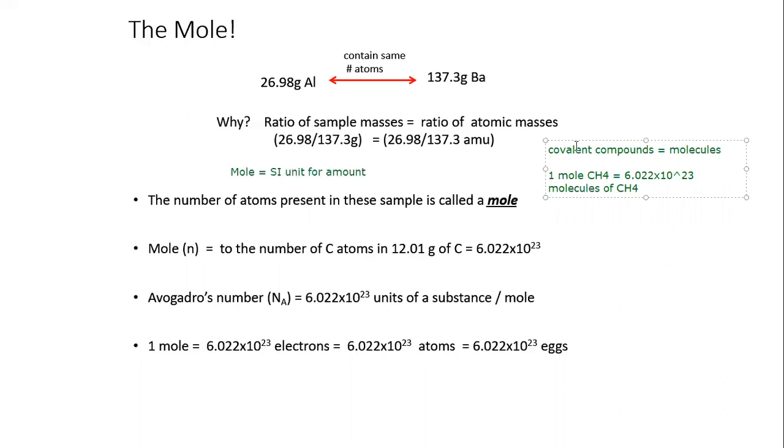So if you have a covalent compound, the entity is molecules. So one mole of methane, 6.022 times 10 to the 23rd molecules of methane. Again, covalent compounds only have nonmetals in the formula.